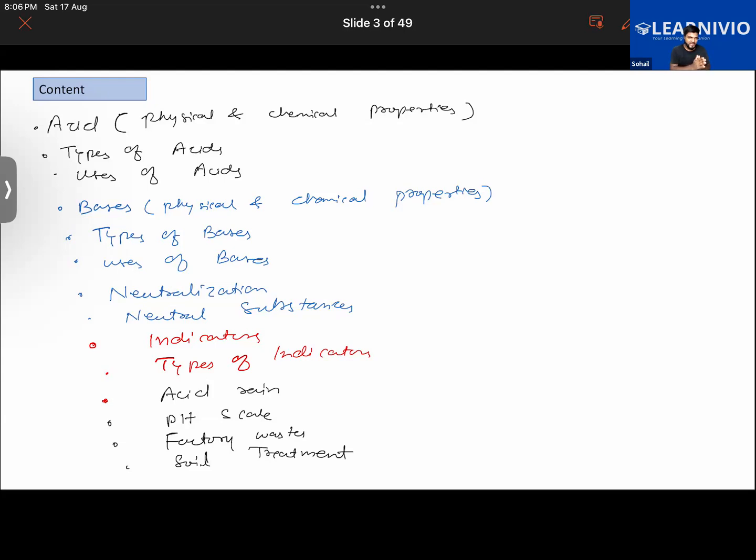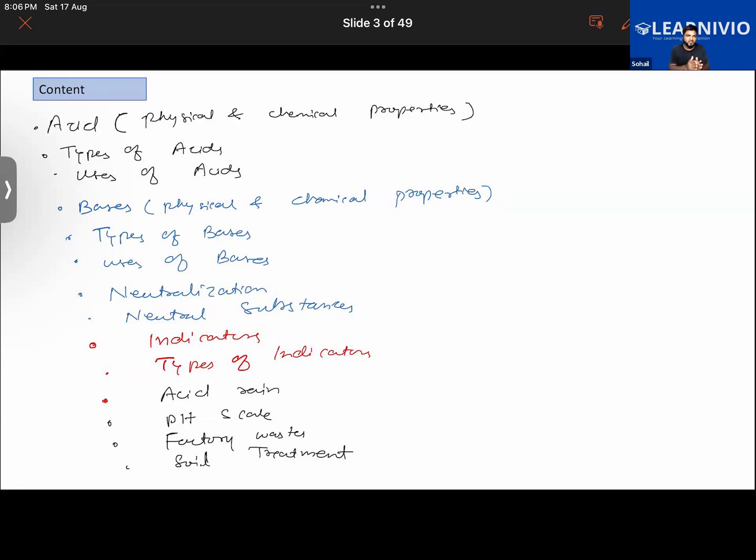One is weak acid, which is found in nature, in substances like fruits. They are called organic acids, which are weak acids, and they are not made by man.